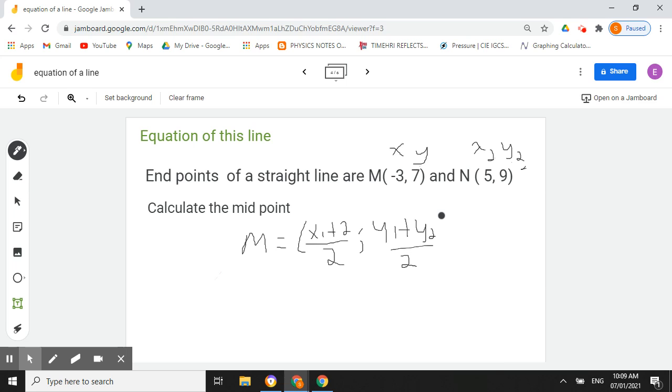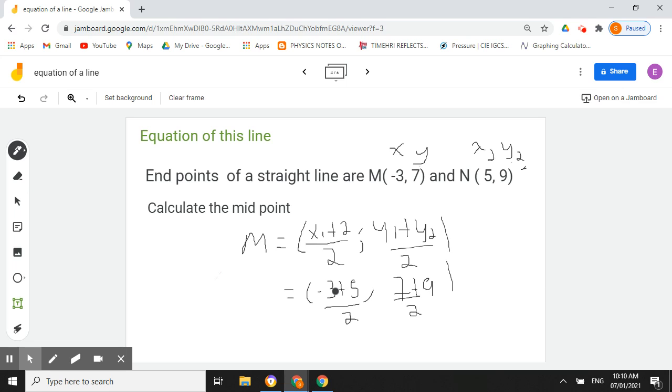So let's do some substitution. We have minus 3 plus 5 for our x's, and for the y's we have 7 plus 9, and of course we're cutting these in half. So let's simplify.